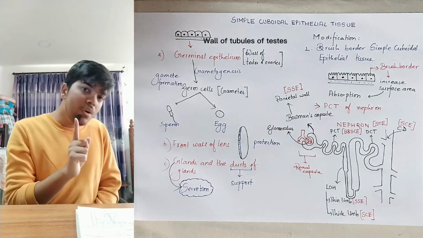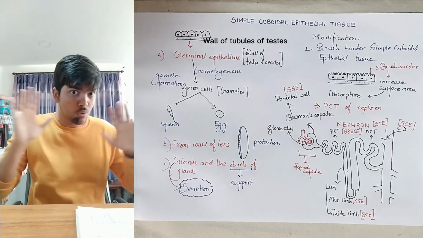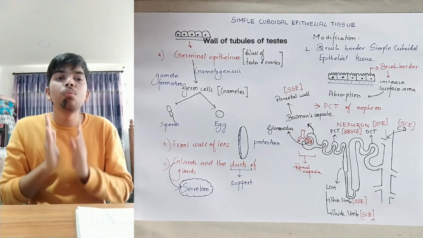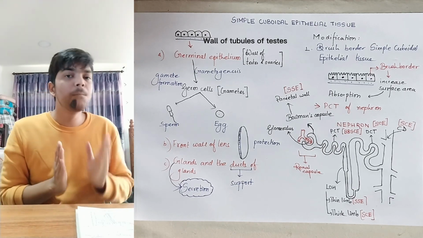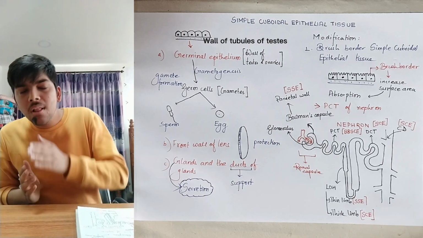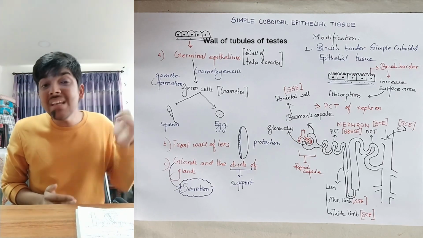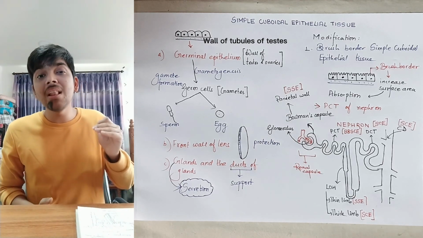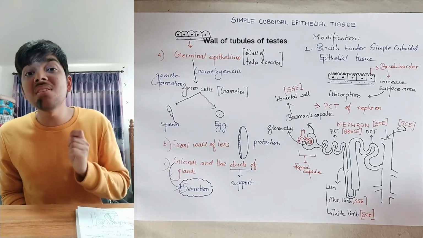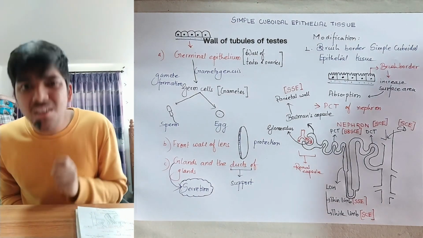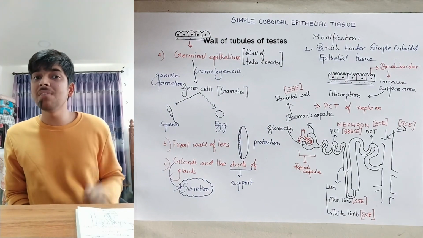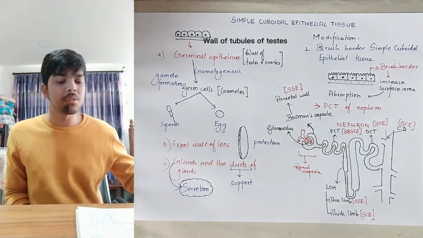Then there's one modification of simple cuboidal epithelial tissue, that is broad border simple cuboidal epithelial tissue, where the free surface of the cells is broad bordered, which increases the surface area, and increase in surface area means more absorption.